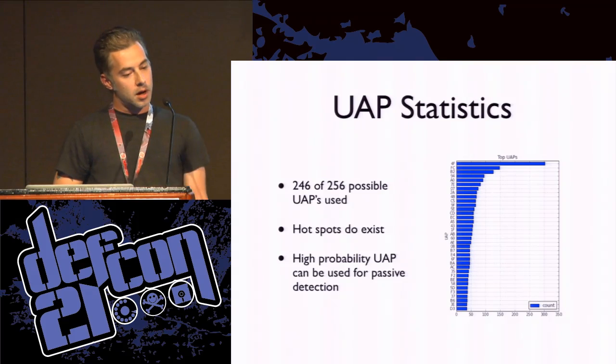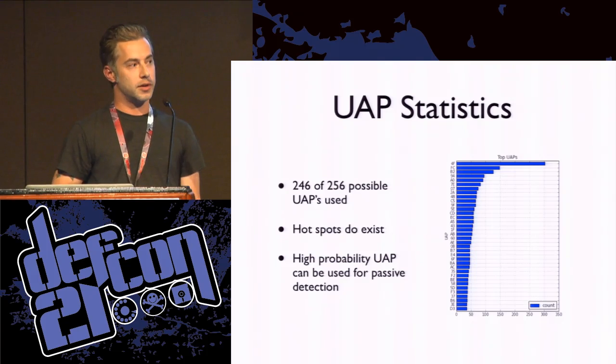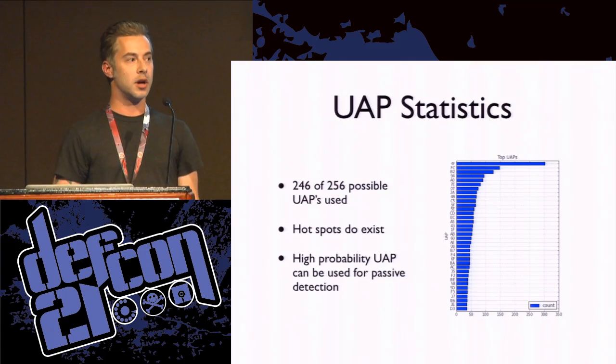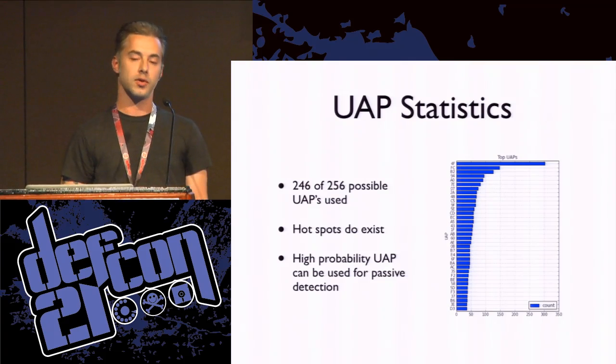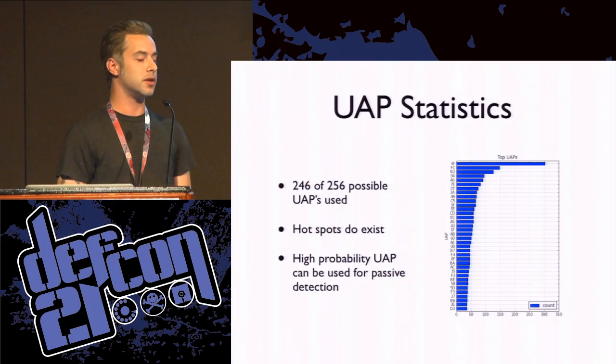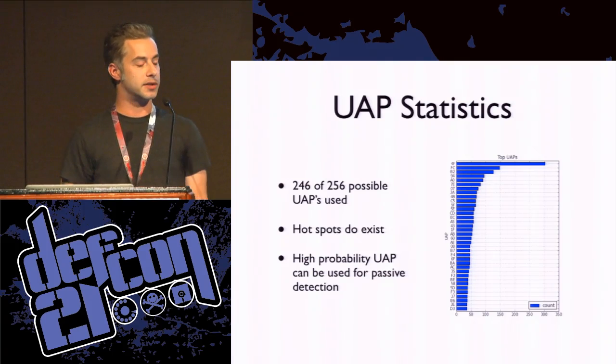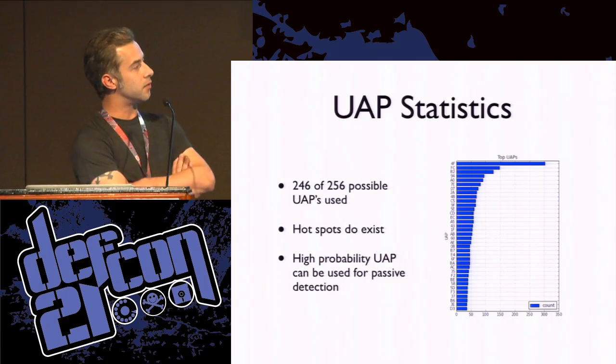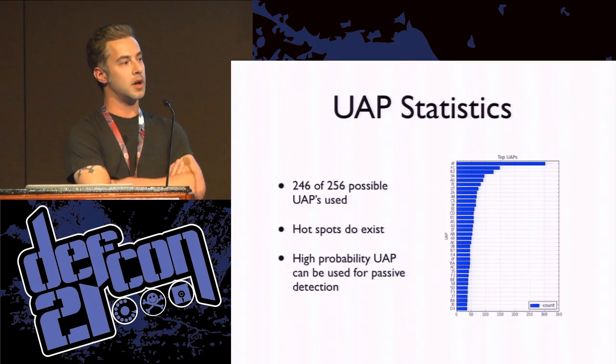The UAP. So the UAP is something that we do get in passive monitoring sometimes. It depends on whether or not the traffic that goes over the wire has a payload. So by looking at it in active devices across the board, we can kind of derive some cool information about it. It looks as if the whole address space is pretty much used for UAPs, and there is a hotspot for popular UAPs.